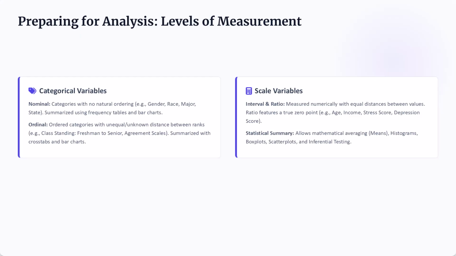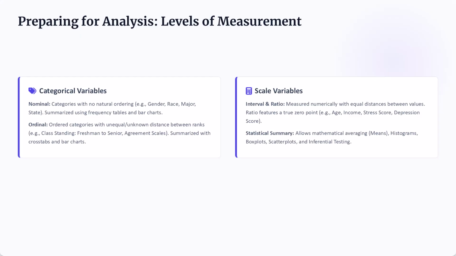Before attempting any bivariate analysis, we must identify our variables' levels of measurement because they dictate permissible statistical procedures. Nominal variables classify data into unordered categories like gender or state of residence. Ordinal variables add ordering, such as class standing or Likert agreement scales, though distances between options are not equal.